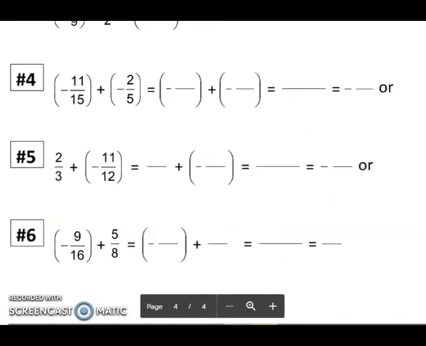Number 4, I have negative 11 over 15 plus negative 2/5. So the common denominator between 15 and 5 would be 15. Since that first fraction already has my common denominator, I can just leave it. I don't have to do anything to it. The second one, I would need to multiply by 3, top and bottom, to get negative 6 over 15.